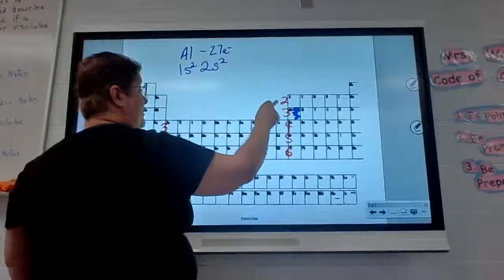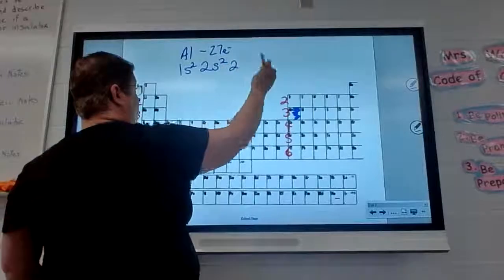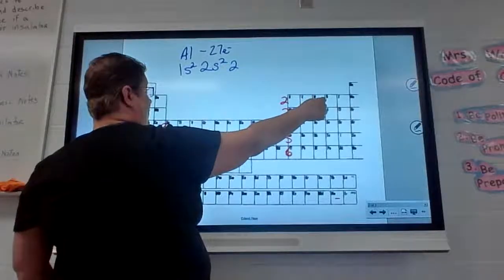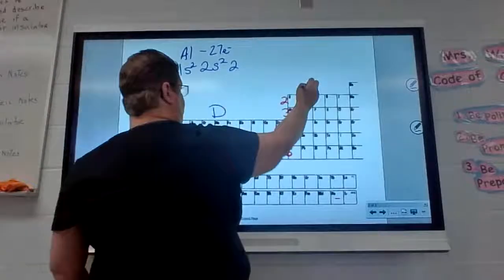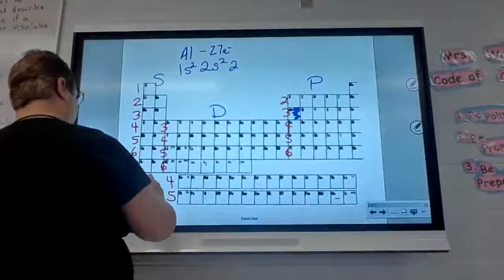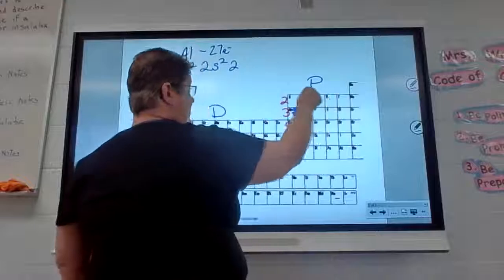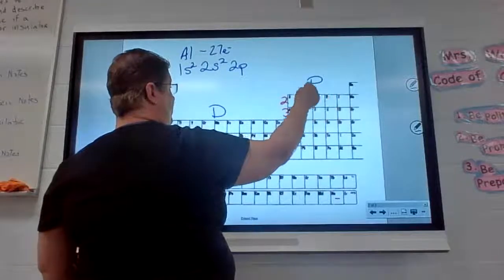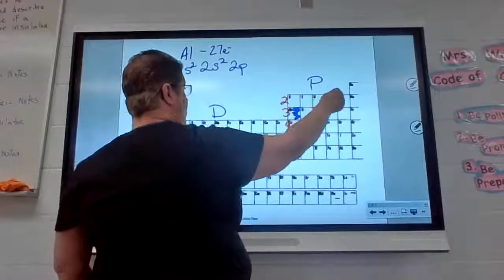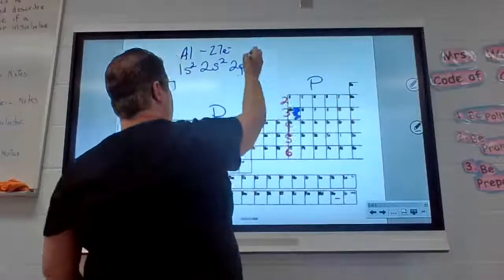What do I see next? 2. What block is this? What block is this? How many elements do I have? 1, 2, 3, 4, 5, 6.